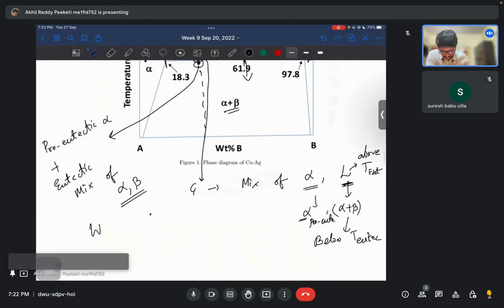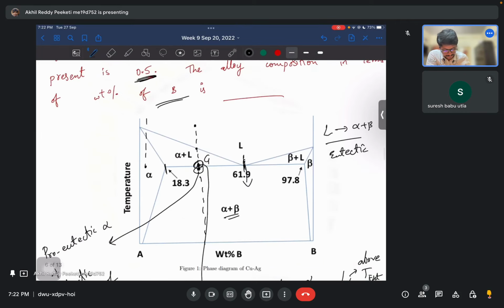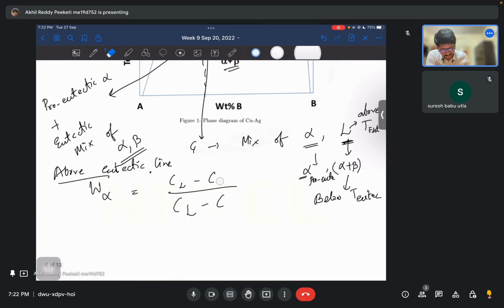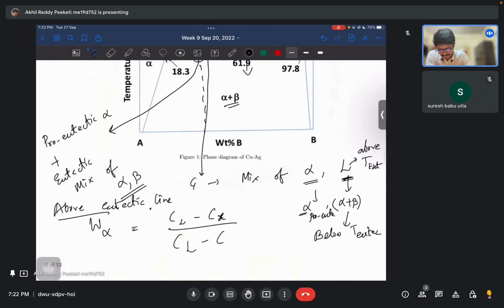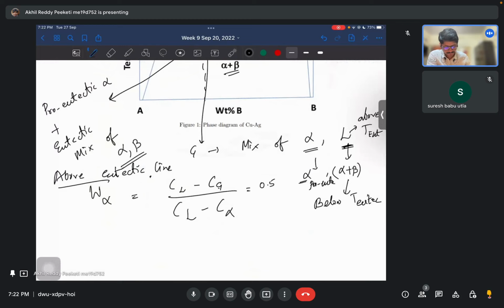Or if you write W alpha, which is above the eutectic line, this would be Cl minus Cg over Cl minus C alpha. Okay. So this is given as 0.5 already.